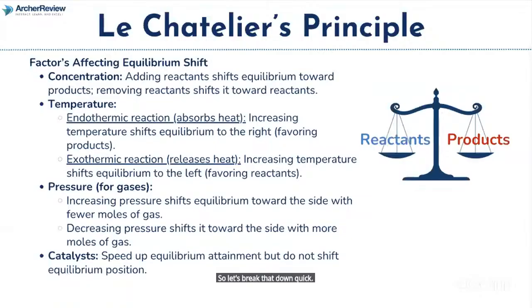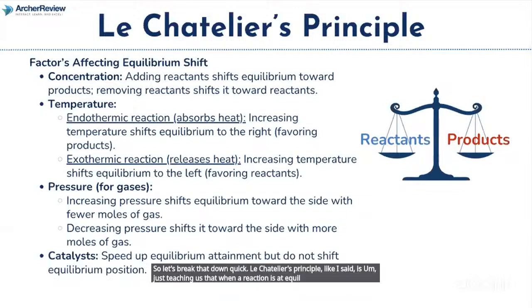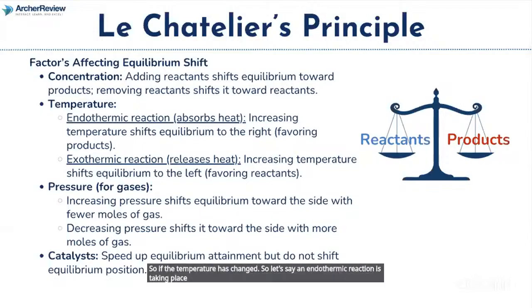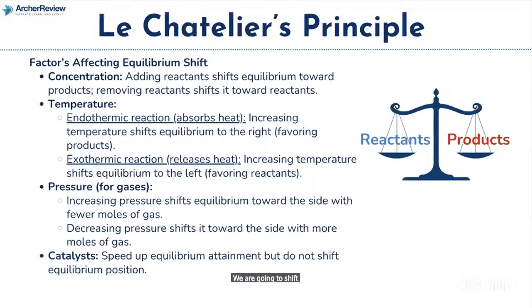Le Chatelier's principle, like I said, is just teaching us that when a reaction is at equilibrium and that equilibrium is disturbed, things will start to adjust themselves to get back to equilibrium. So if the temperature is changed, so let's say an endothermic reaction is taking place and the body is absorbing heat, so we're increasing temperature, we are going to shift that equilibrium to the right.